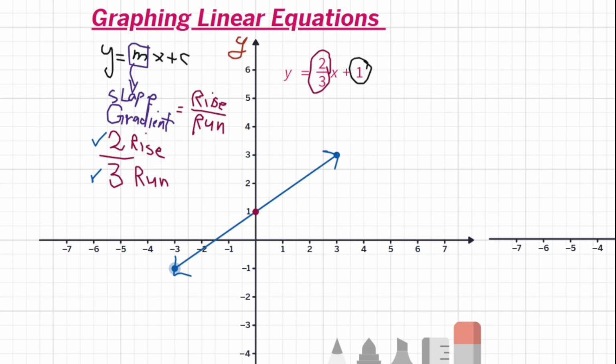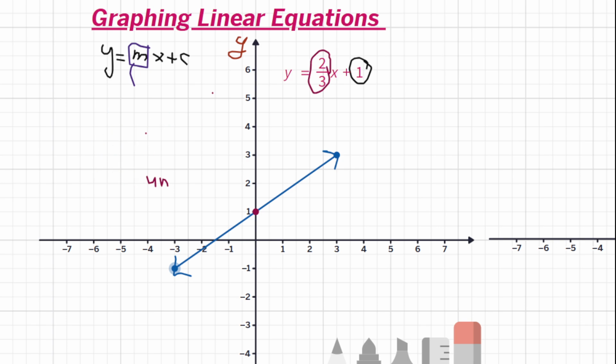Did you get it? Let's do another example on the same graph with a different color so that you can understand it better. Now, what if the question asks you to graph y equals negative 2 over 3 x plus 2?